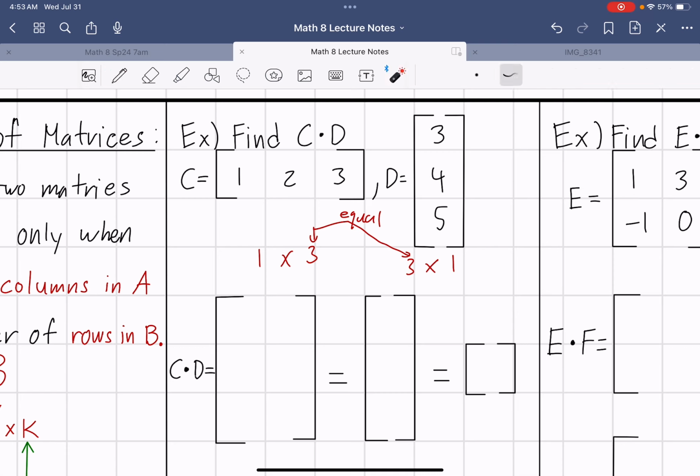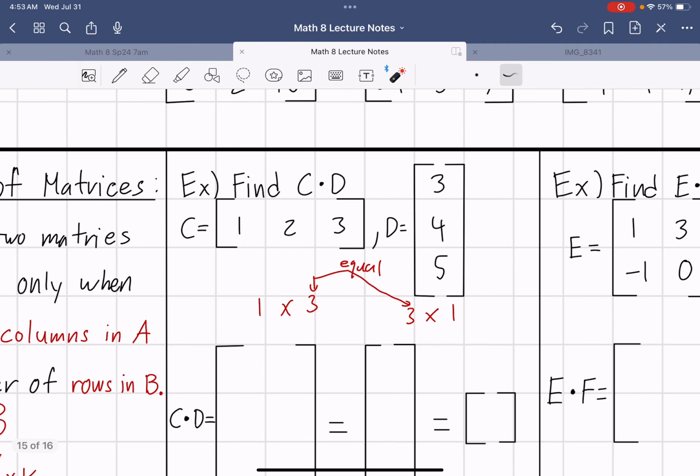Now the tricky part is, how do I multiply them? Well, the idea is you're going to take this row and turn it upward. You're not going to turn it downward, because that would change your answer. You're going to turn this 90 degrees to the right and make it vertical. Because the moment you can make it vertical, you can multiply across.